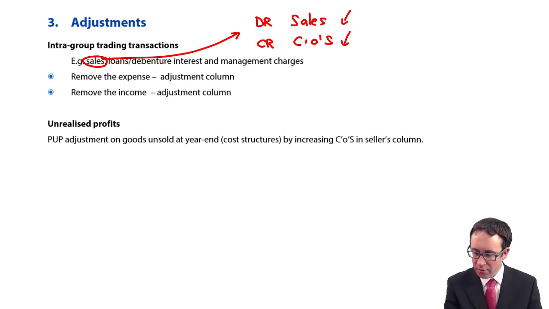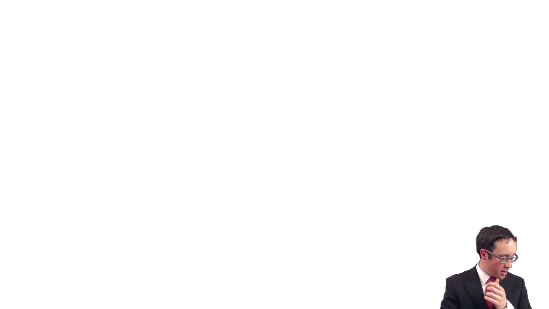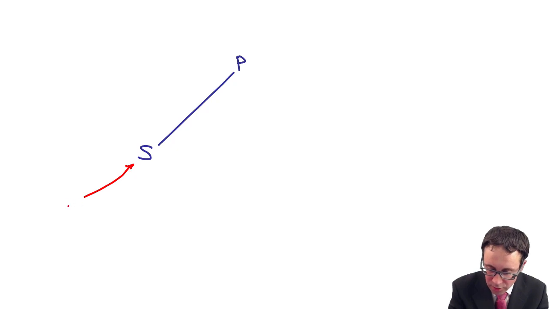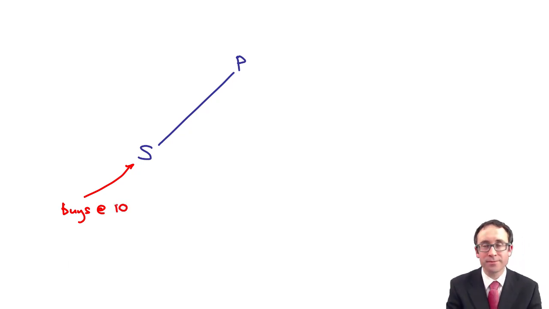But if we just go back and recap what we've done previously with my scribble example. Let's just say that we have a subsidiary and we have a parent. The subsidiary buys goods at 10.